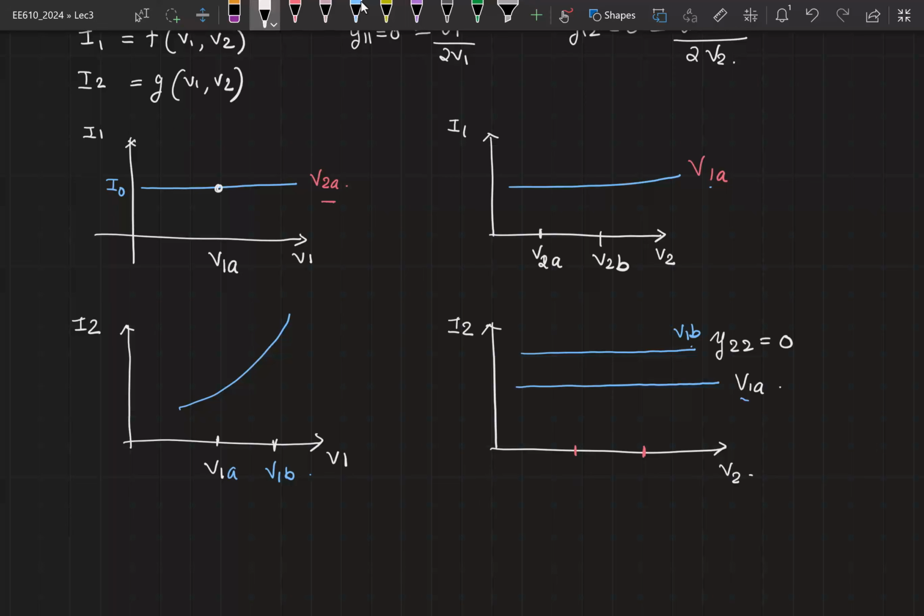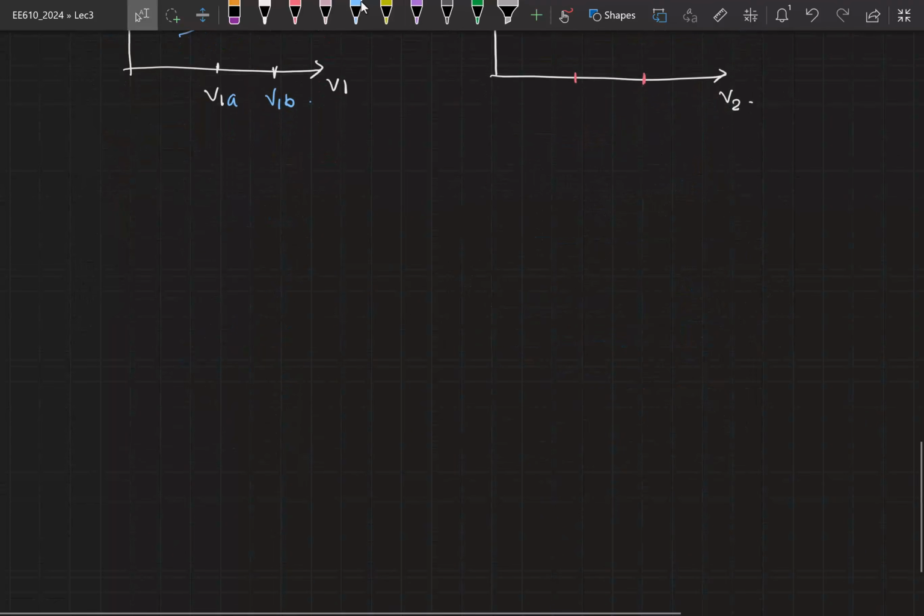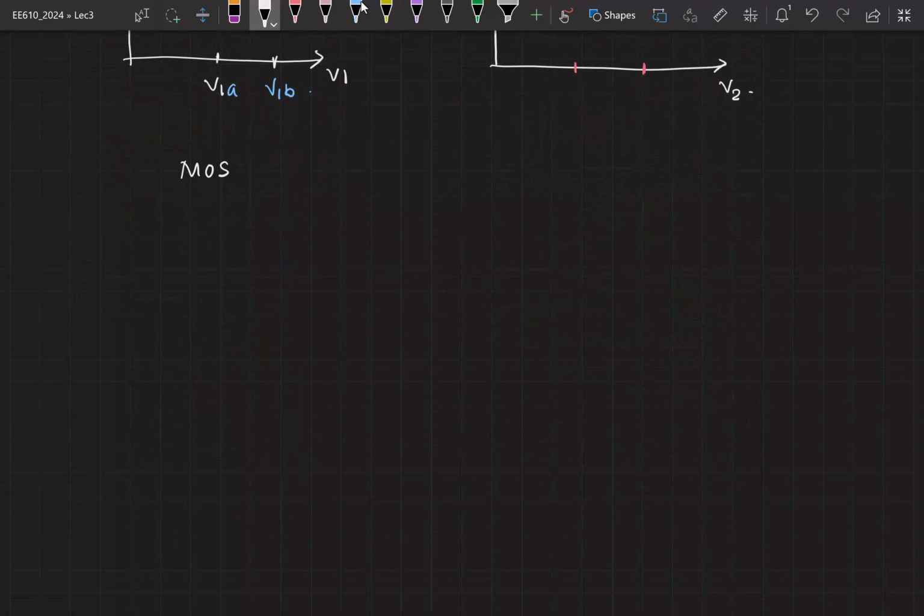But otherwise, our approach in learning with MOSFETs, especially the device physics part of MOSFETs, is this. We'll not cover that in E16 because you're going to learn about that in your solid state circuits course. It will come towards the end of the course, but you're going to learn about it in great detail. So instead of focusing on the device physics, we'll focus on the circuit aspects of it.